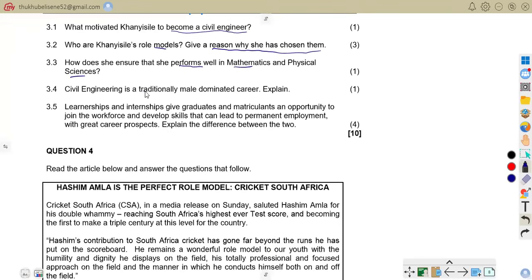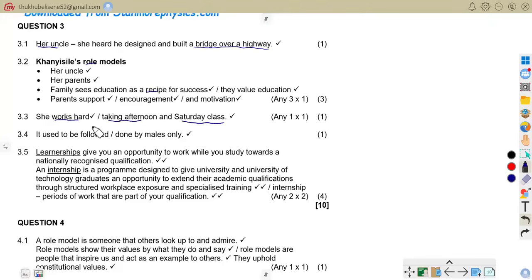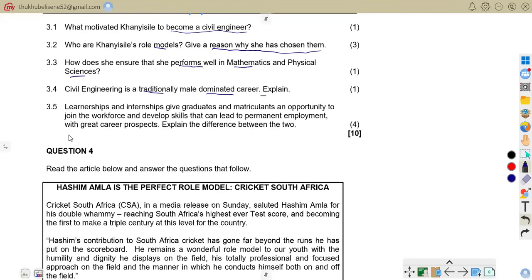Civil engineering is traditionally a male-dominated career. Explain. It used to be followed and done by males only before. That is why it was regarded as male-dominated.